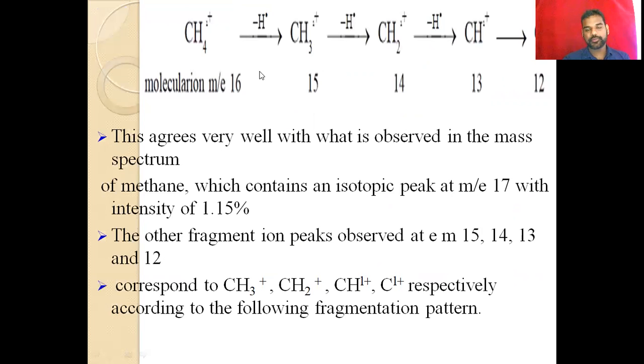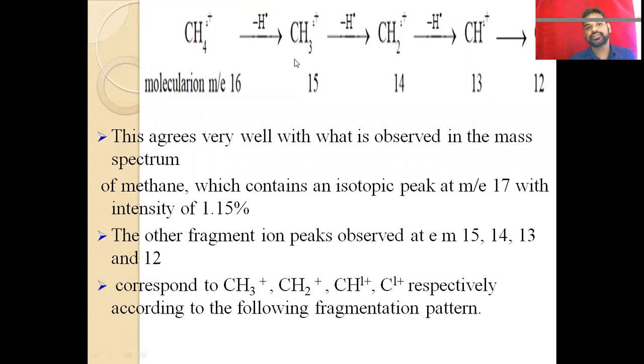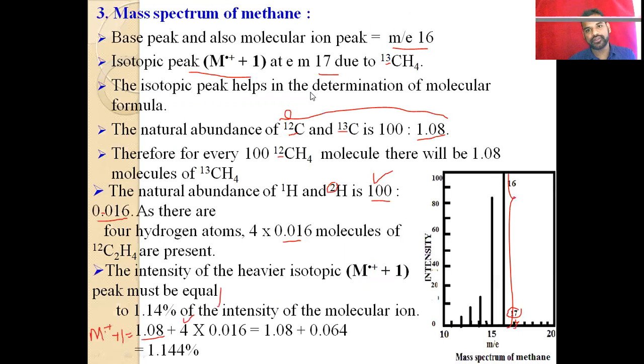And then this is about the fragmentation. There is CH4 plus, and then we can remove one hydrogen, which gives the molecular mass of 15, and after removal of another hydrogen it gives 14, and like that we can remove all 4 hydrogens, and at the end we will get 12. So we can compare this fragmentation mass with the spectrum.